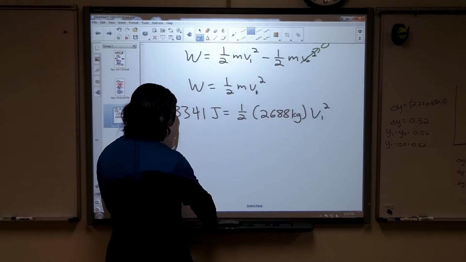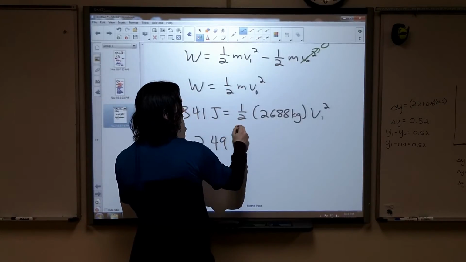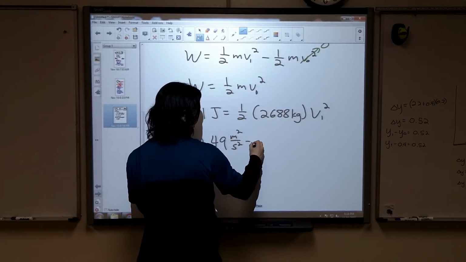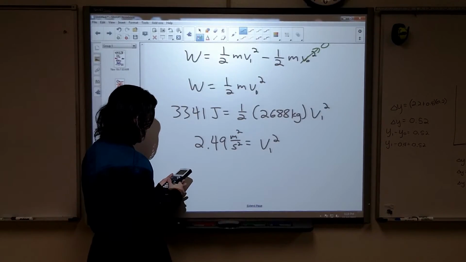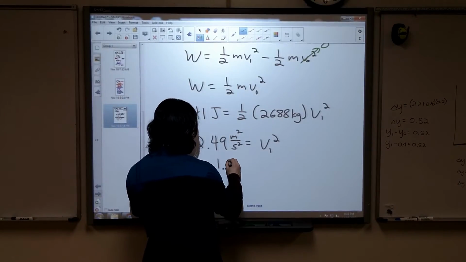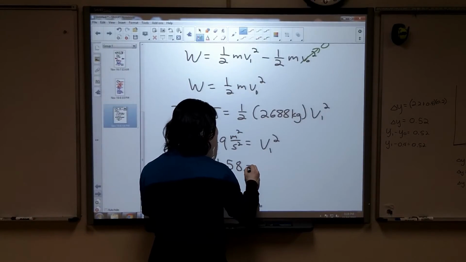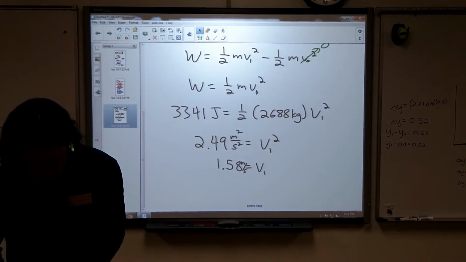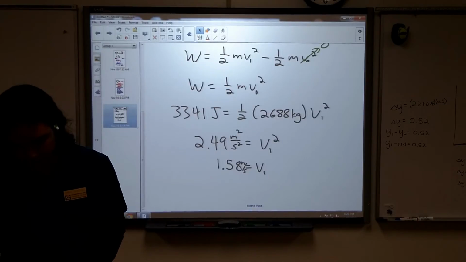And I get the following, that 2.49 joules divided by kilogram, which gives me meters squared per second squared, is equal to v final squared. So I take a square root as my last step, and I get 1.576, so we're going to call that 1.58 meters per second equals v final. We got 1.58, survey says 1.576, actually they got the exact value that I have in my calculator here, so it should accept it just fine.